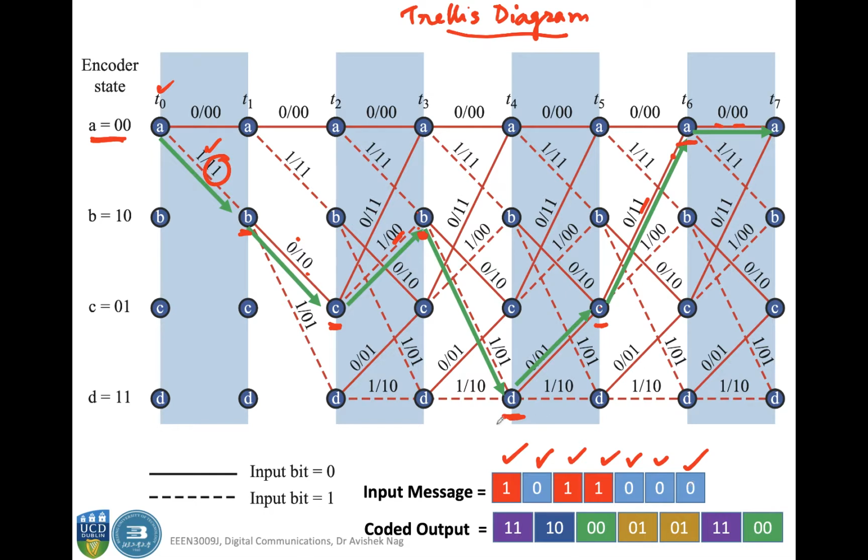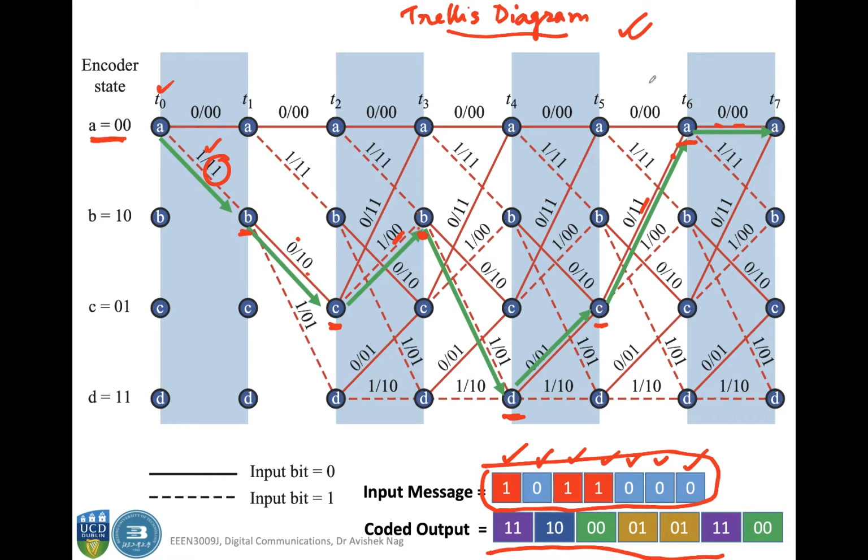So if this is my entire message string, then according to this convolutional encoder, we have figured out that the coded output will be this. So for a message stream of 10110000, the coded output will be 11100001011100, like this. And you can proceed further.